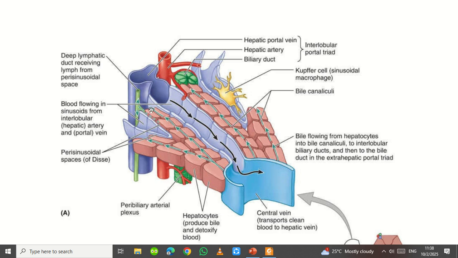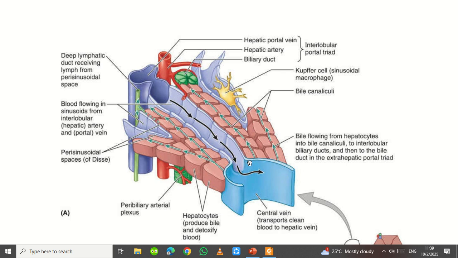These are going to be your hepatocytes. They are going to be in plates, and within these are your sinusoids, right? Your sinusoid is going to have blood from the hepatic artery and the portal vein, and this blood will go towards the central vein.